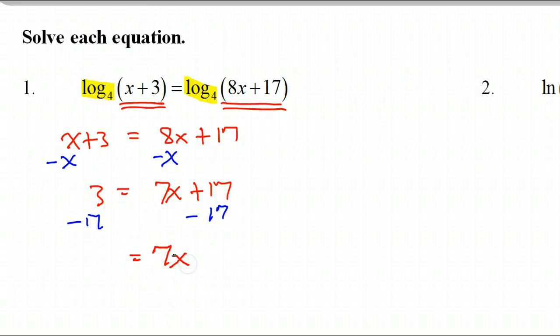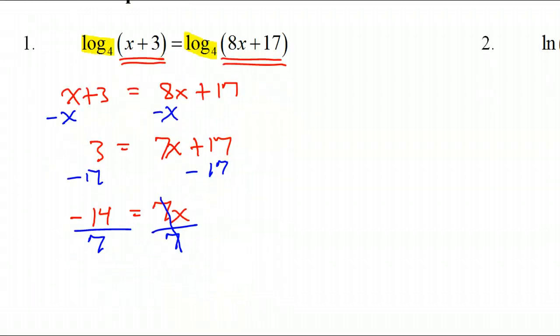So that'll give me 7x is equal to negative 14. Got to get x by itself, so let's just divide by 7 on both sides. So that tells us that x is equal to negative 2.